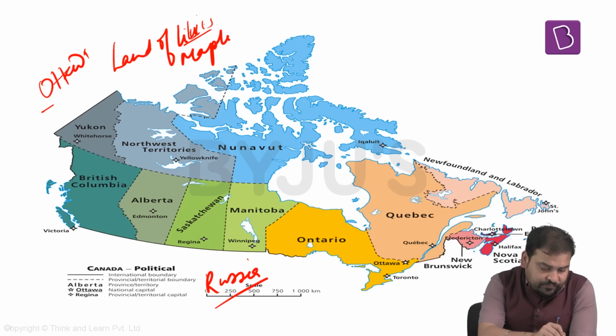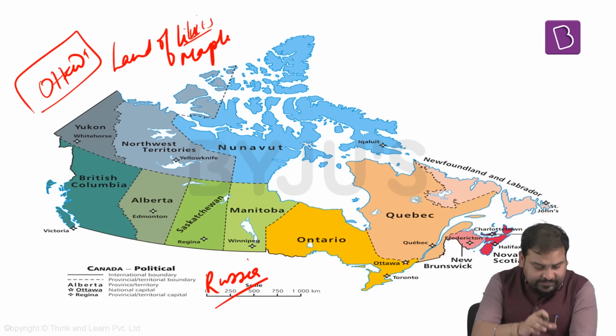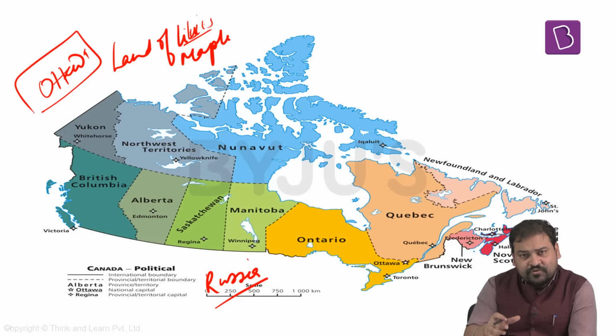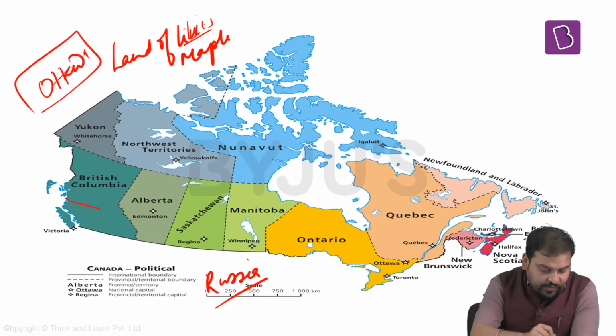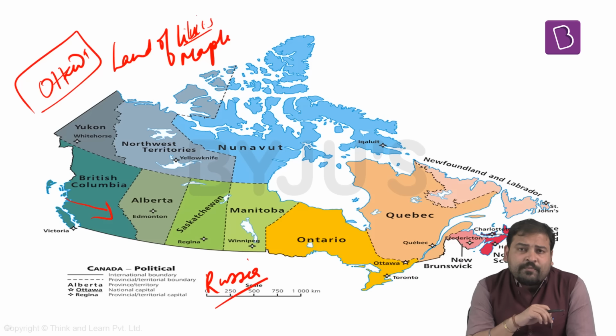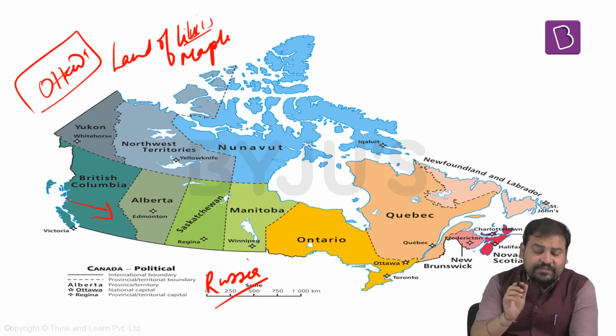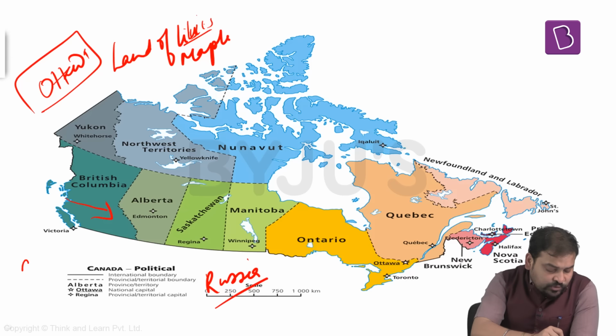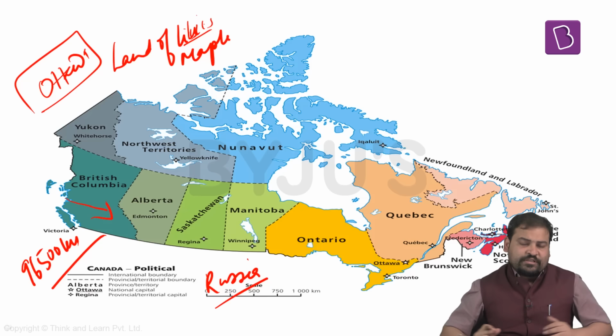Now, if you look at this political map of Canada, it's divided into different territories or states, and what we shall be doing is we shall be moving one by one in this manner. But before I enter into this, always remember for prelims, Canada has the largest coastline in the entire world, around 96,500 kilometers, the longest in the world.